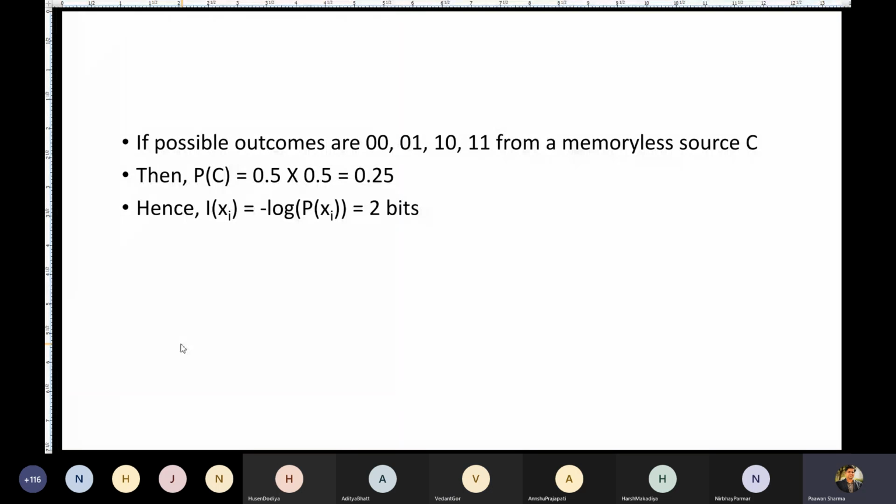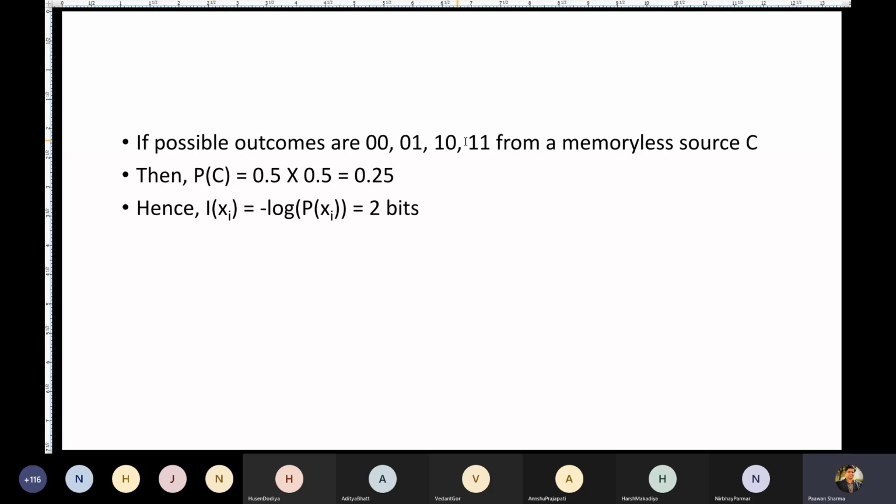Now, if your possible outcomes are say 00, 01, 10, 11 from a memoryless source, a statistically independent source. That is the memoryless source: you need not store the past outcomes in order to predict the next output. Since these two bits are combined, each one can occur with 0.5. So the occurrence of 0 and 0 will be the multiplication of individual probabilities.